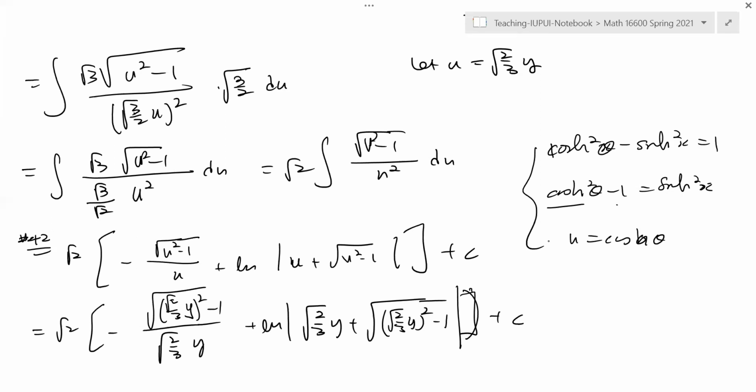Then you use the table. If you are not given that, please do not use a table of integrals to give me the answer. I want the detailed solution. All right, that's it. Let's stop here today.